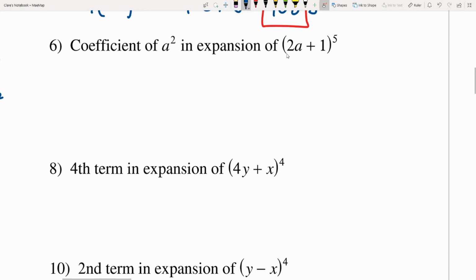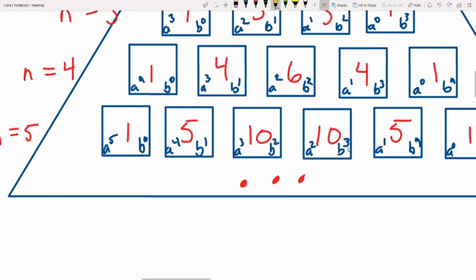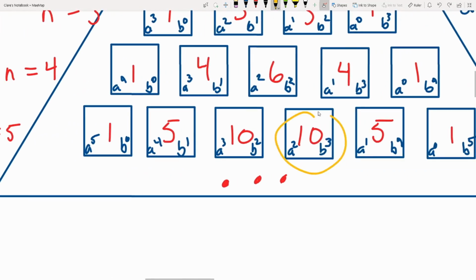Now this is going to be a little confusing because for the form of a plus b to the 5th, this a is actually really 2a. But when it's squared, that exponent is still going to be 2 with a. So within our 5th degree, or our n value of 5, within that row in our triangle, we're looking for an a squared, which occurs right here, 10a squared b cubed.